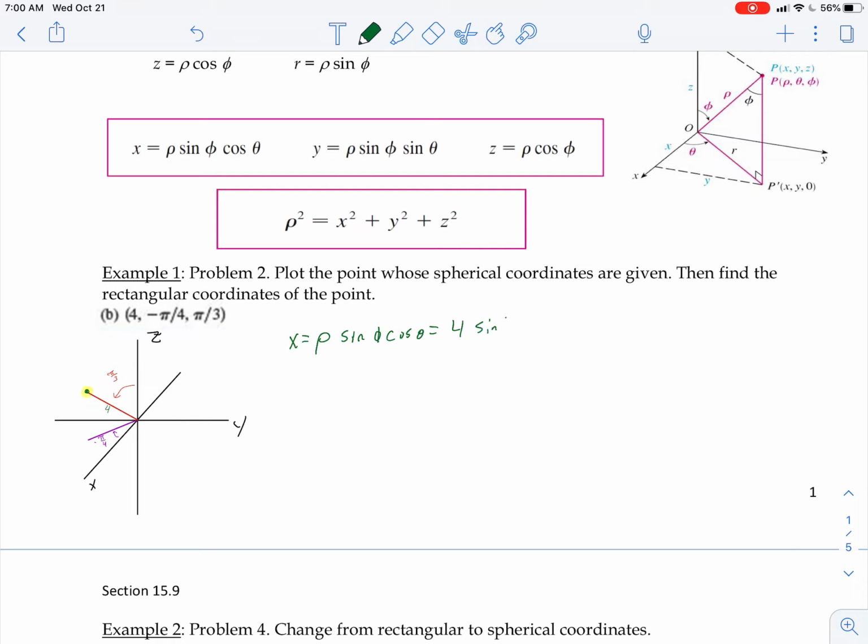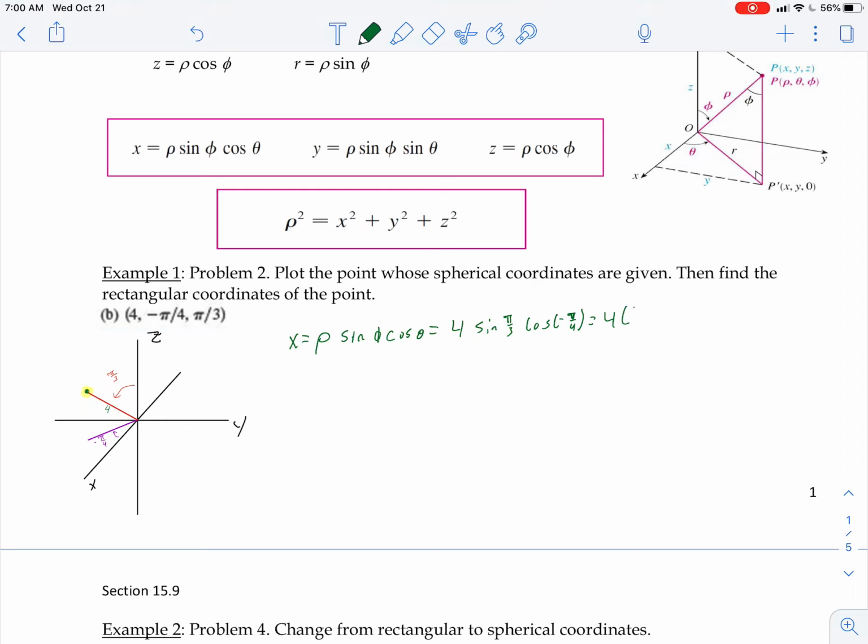And so we have, for this one, 4 sine of pi over 3 cosine of negative pi over 4.